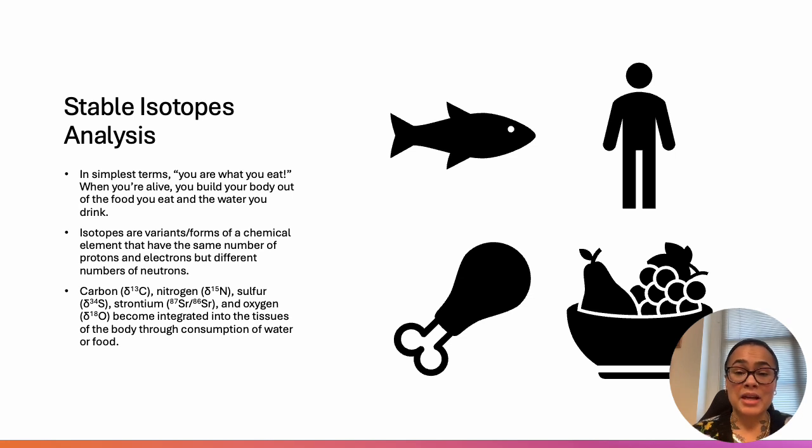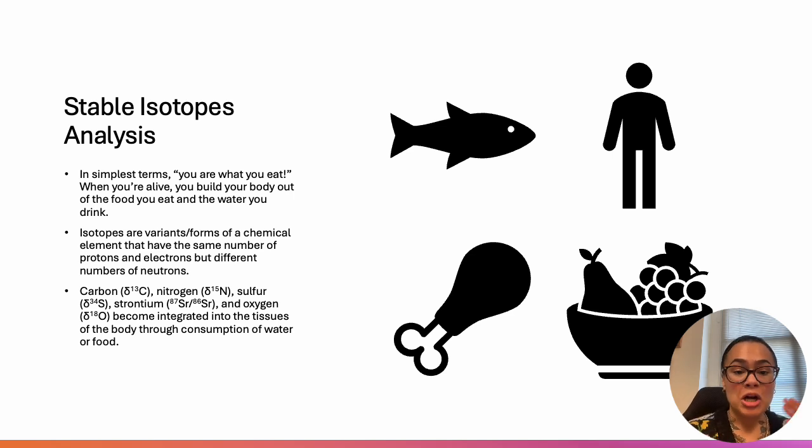The simplest way to think about stable isotopes analysis is you are what you eat. So essentially, when we test the human skeleton, either bones or teeth, for stable isotopes, what we are looking for are different variants or forms of chemical elements that were incorporated into the body through eating and drinking.